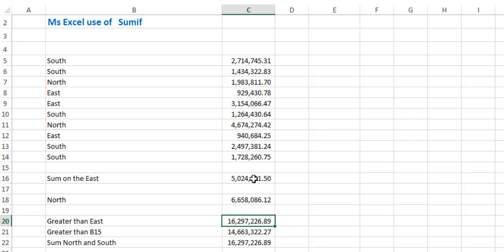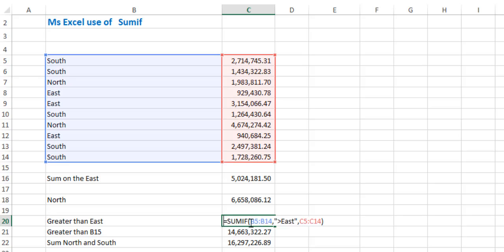So the total of the east was 50, but we can say that this 16, this is the value, the total of this data. Only east is left, greater than 16297 is greater than east.